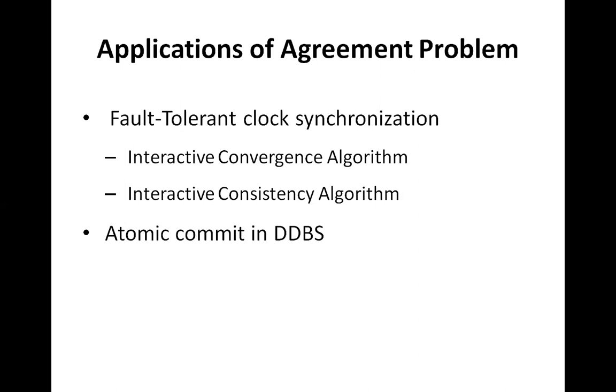In the consistency algorithm, all the processors try to find out the values which have been exchanged between the different processors, so that the values are consistent enough. So the first one is convergence and the second one is consistency.